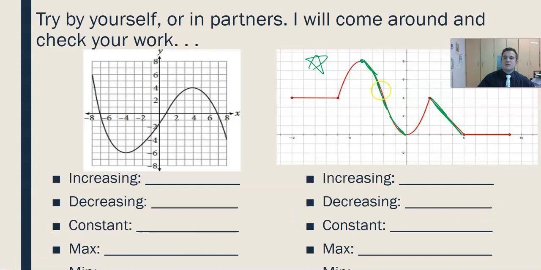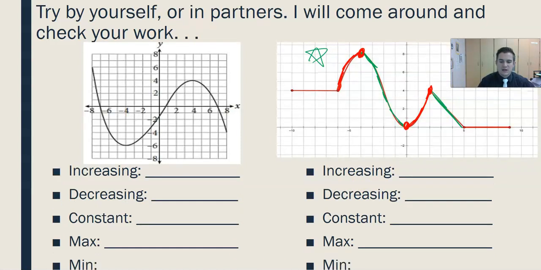There it is. And right here is where this graph is going to be increasing. Then I'm going to put a thick dot anywhere where the track goes from up to down or from down to up. So right here, my track goes from up to down. Right here, my track goes from down to up. And right here, my track goes from up to down pretty steeply.